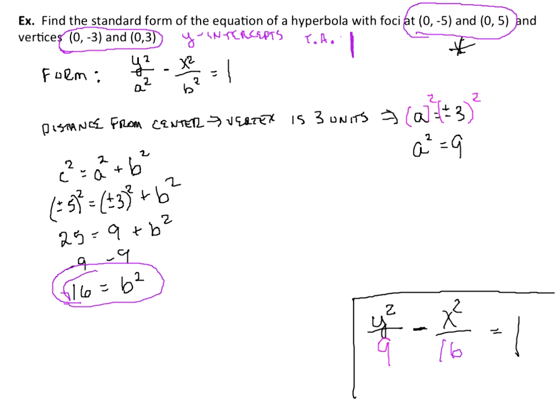But just for the curious, b is equal to positive or negative 4. And that'll be useful when we're graphing. All right, so we've got the equation for this particular hyperbola written. You good to go? Excellent.